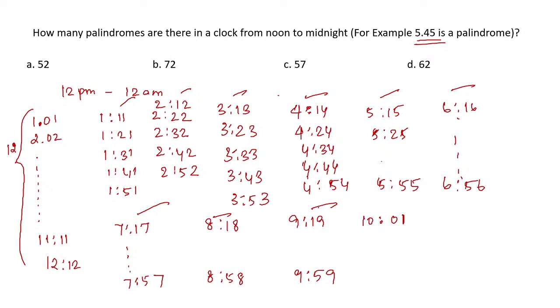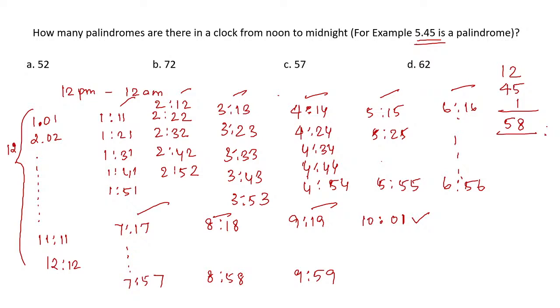And let's check. 1:01, 2:02, 3:03, 4:04, 5:05, 6:06, 7:07, 8:08, 9:09, 10:10, 11:11, 12:12. So already we have 12, plus 9 fives are 45, and here we have 1. Together we have 58.